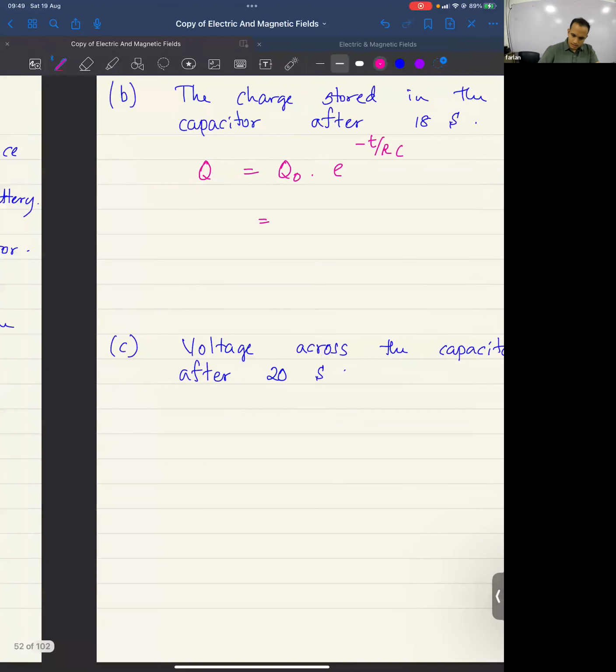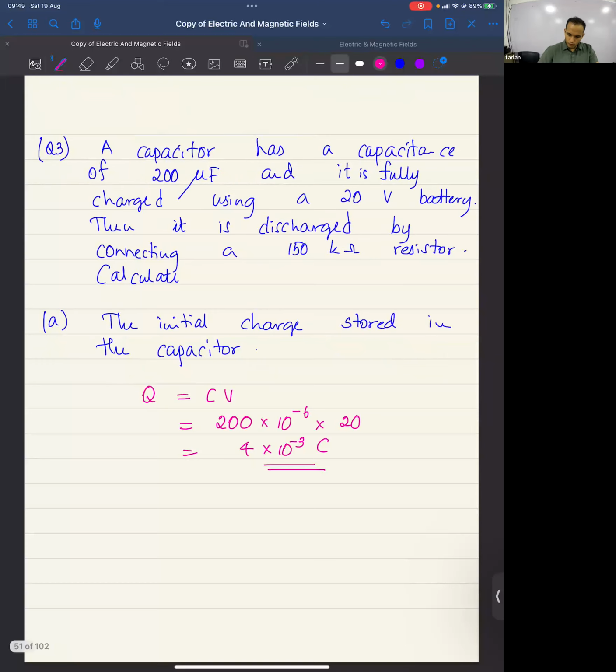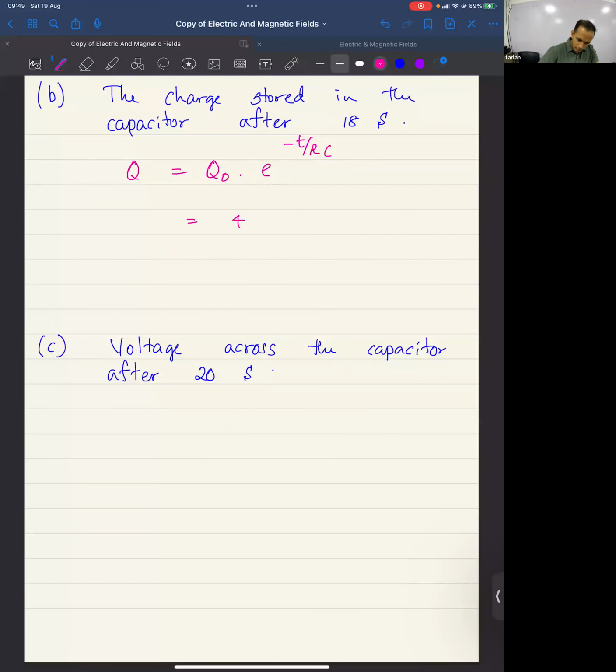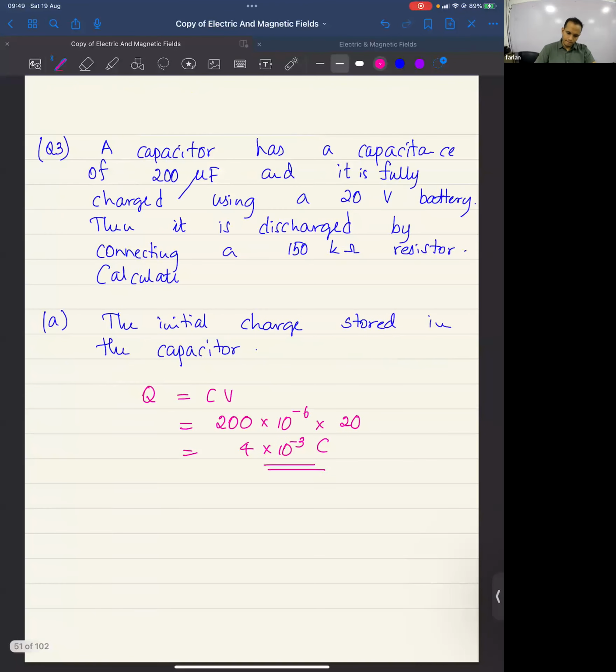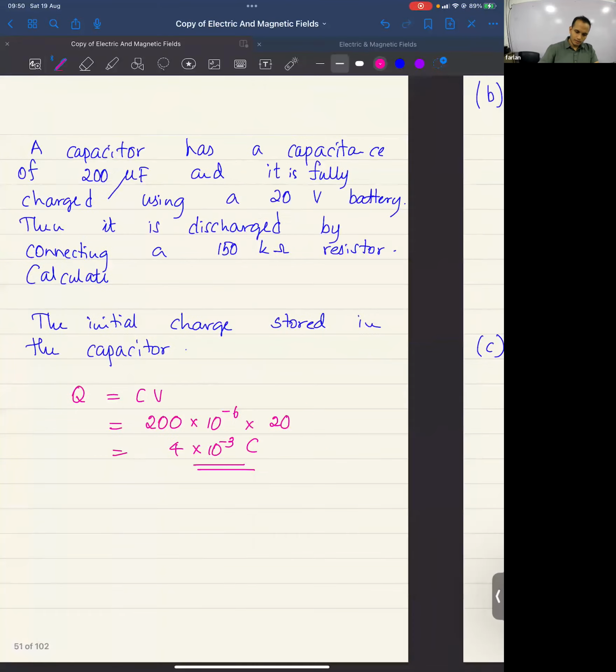So initial charge is 4 into 10 to the power minus 3, e to the power minus T is 18 over RC. R is 150 kilo ohms, C is 200 microfarads.